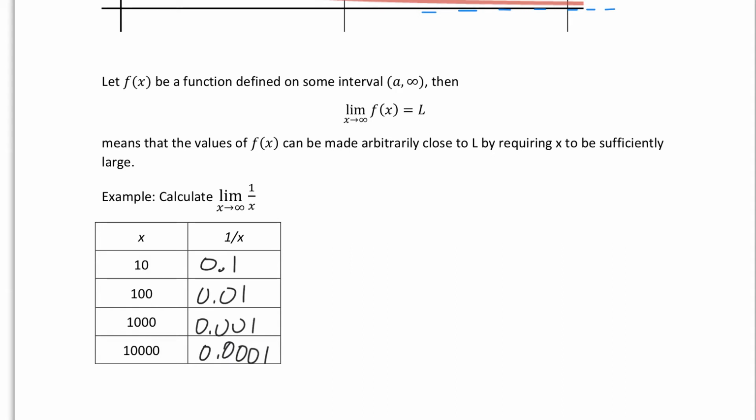And so we can see that in this case, the values of 1 over x are getting closer and closer to 0. So we could say, based on our calculations here, therefore the limit as x approaches infinity of 1 over x equals 0. As x gets larger and larger, as we go off to the right, the values of 1 over x are approaching the value 0.